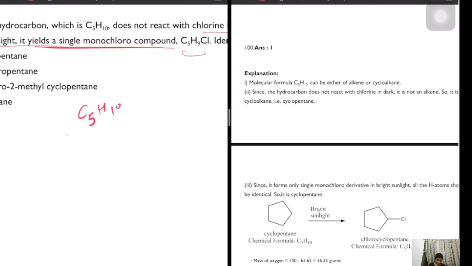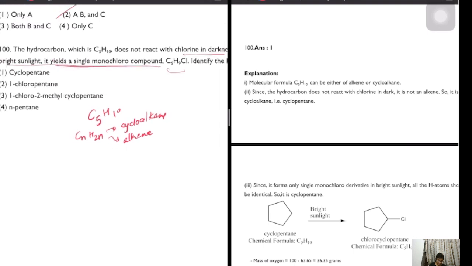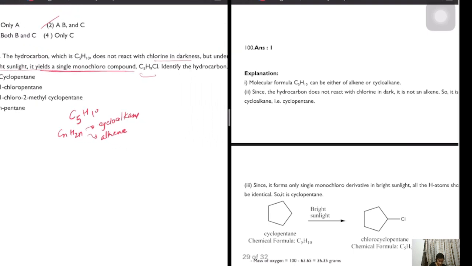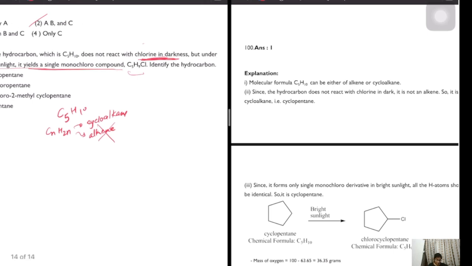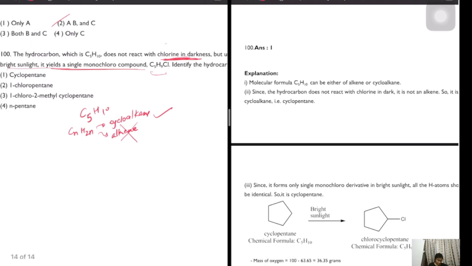This is CnH2n, which can correspond to a cycloalkane or an alkene, right? But it says that the hydrocarbon does not react with chlorine in the dark, which means this is not an alkene. It will not react in the dark. So it is obviously a cycloalkane. And 5 is for pentane. So it is cyclopentane.